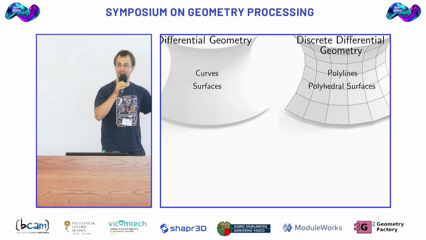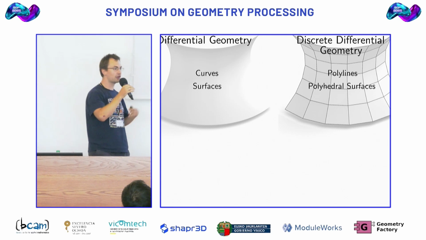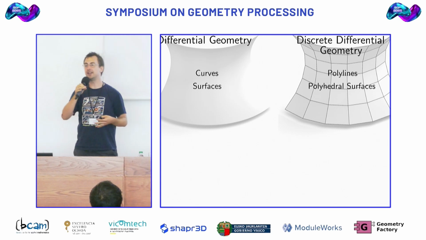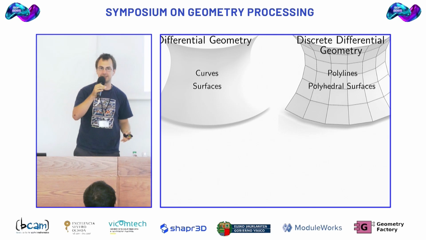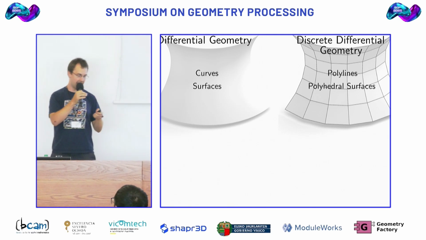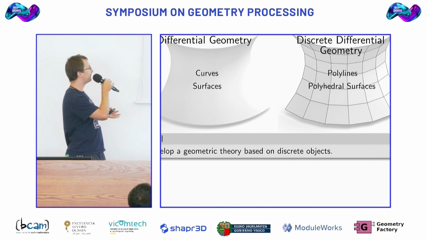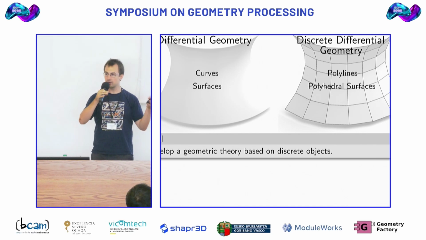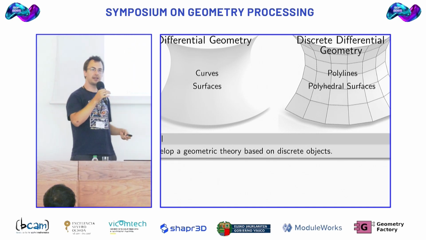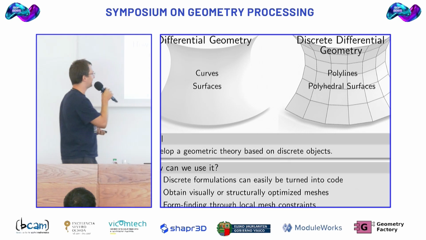In smooth classical differential geometry, you would deal with surfaces and curves on these surfaces. And then in discrete differential geometry, we deal with polyhedral surfaces, so meshes and polylines. And the goal of discrete differential geometry is to develop a geometric theory, an independent theory that is based on these discrete objects.